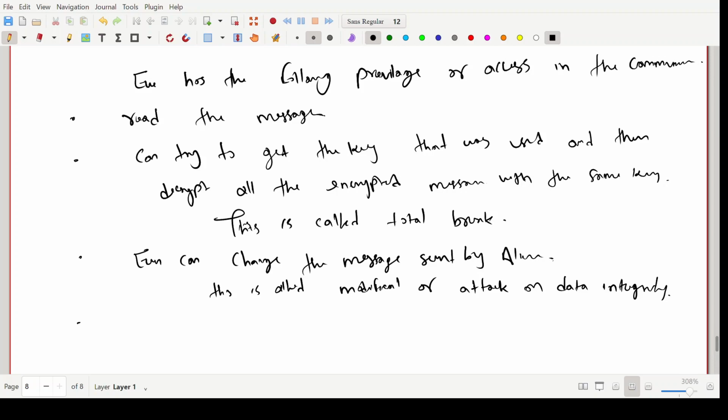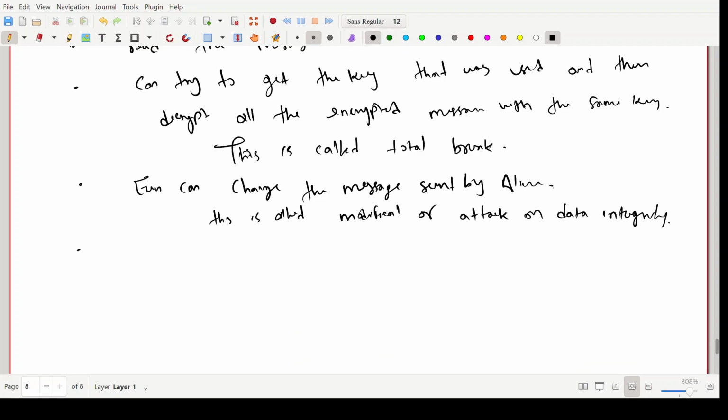Next, Eve can pretend to be Alice and communicate with Bob.